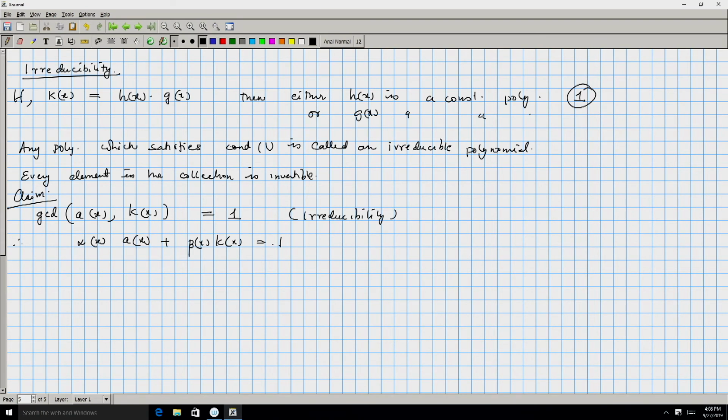Now, this would mean that alpha x into Ax is equal to 1 minus beta x times Kx. If we look at this particular polynomial, let us call that Gx. What we know is alpha x when multiplied by Ax gives Gx, and if we look at this mod Kx, this Gx is nothing but 1. So, alpha x into Ax is 1 mod Kx.